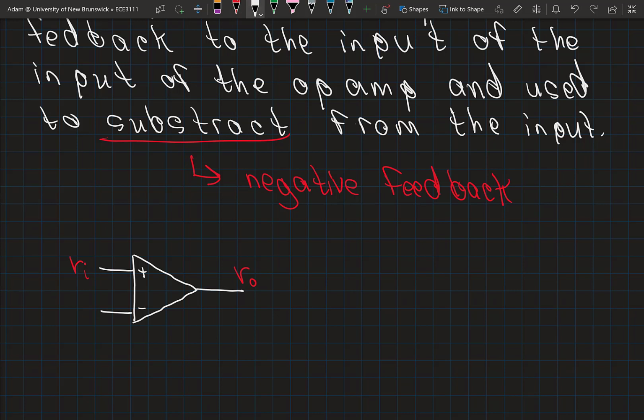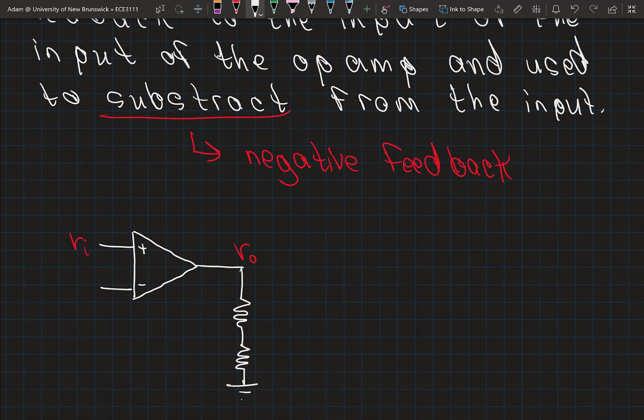But I'm going to take a portion of this output signal, and I'm going to use a voltage divider to again just grab a portion of this signal and apply it back to the inverting input.